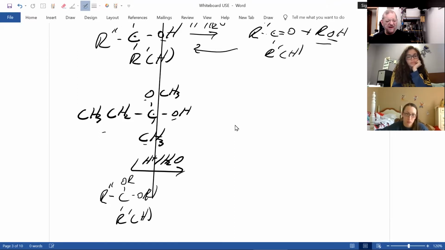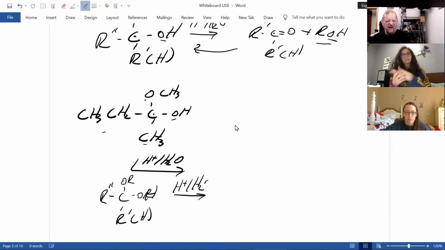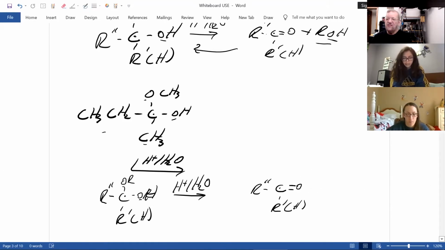That should be an H. And keep your eye on the carbon with the two oxygens single bonded to it. What's attached to that carbon? R prime or H. And carbons, our R double prime, are still there. That's double bonded to an oxygen, to form a ketone or aldehyde.